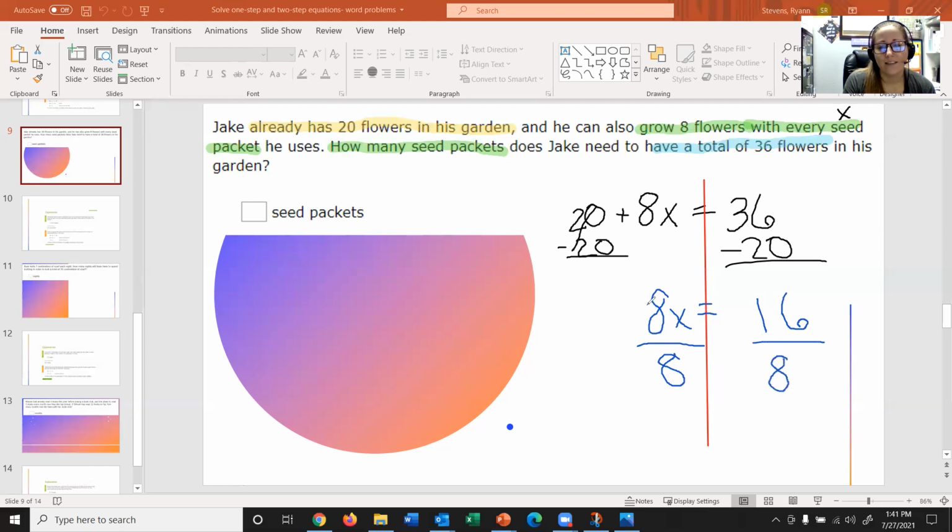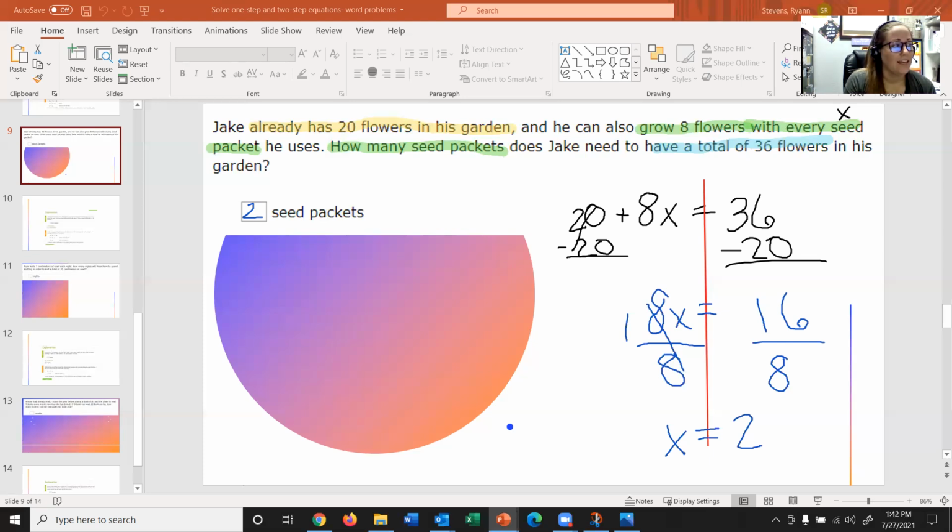So then we have, this is going to cancel to equal just 1. So we're left with x is equal to, and then 16 divided by 8 is going to give us 2. So that's telling us that Jake is going to need 2 seed packets in order to get the total amount of flowers that he wants for his garden.